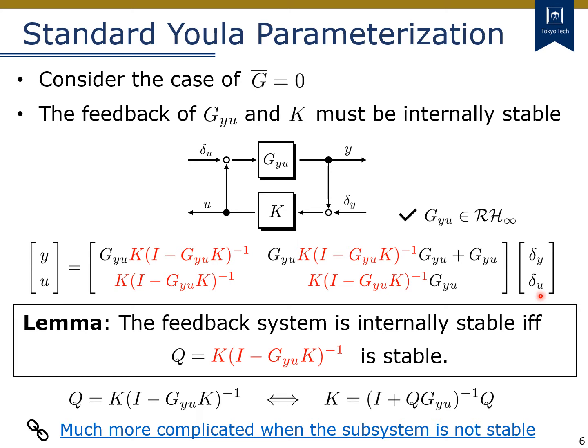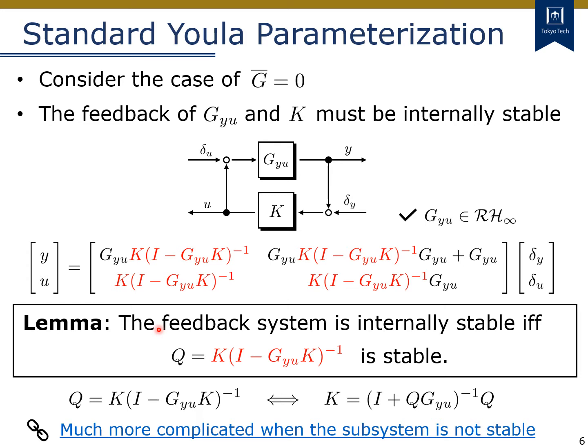On the other hand, if this feedback system is internally stable, then this red part must be stable. Therefore, the stability of this Q is a necessary and sufficient condition for the internal stability.